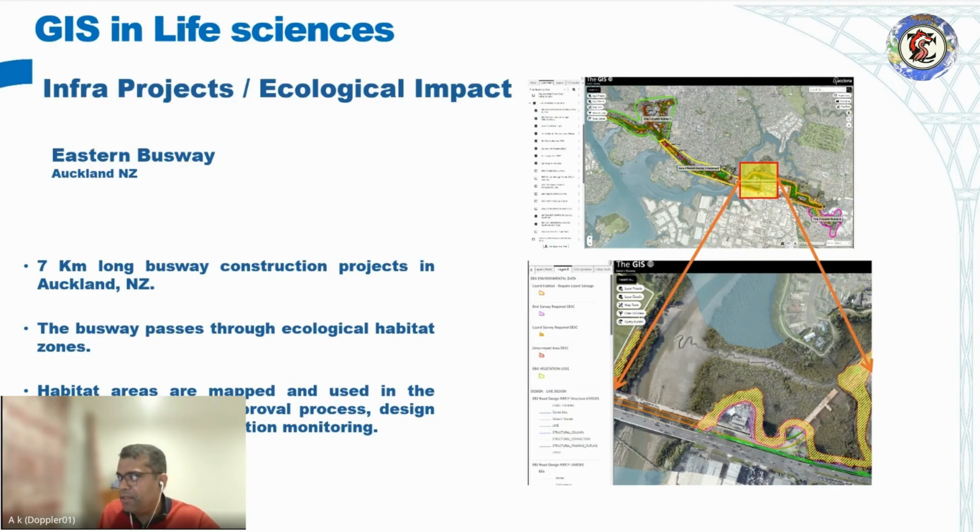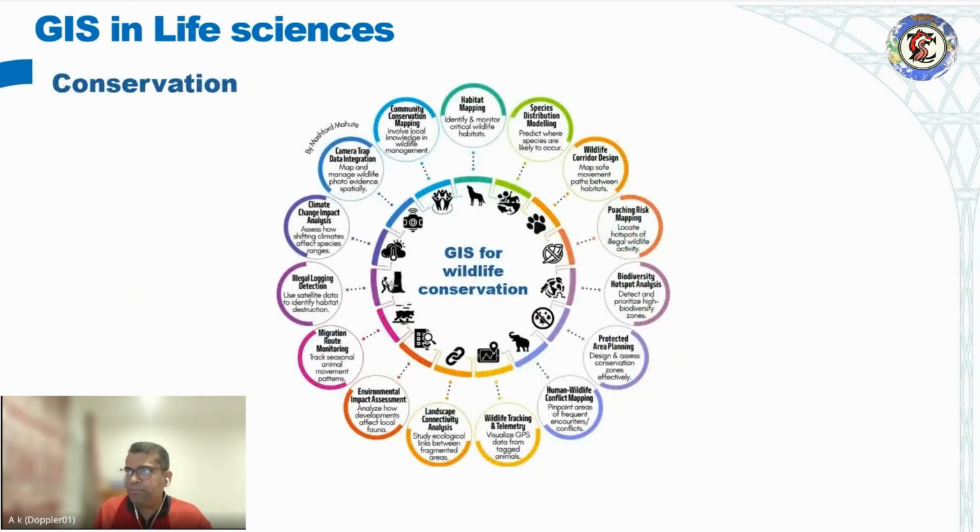Damage will happen, but the designs are changed to minimize that damage, so that the environmental court and all those government agencies are happy to give us an approval. Obviously, approval is already given and we are building it, so a good outcome.